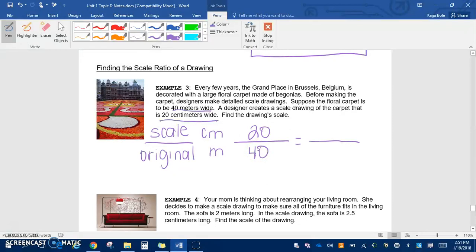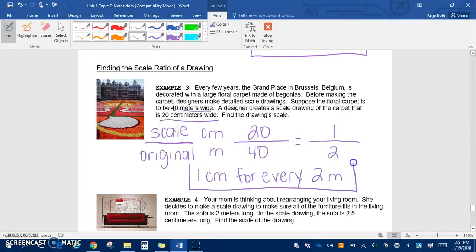So that means that we're just going to simplify. And if we look here, it's going to be 1 over 2, which means that our scale is 1 centimeter for every 2 meters. Alright, so that would be the scale that they would use for the entire picture then.